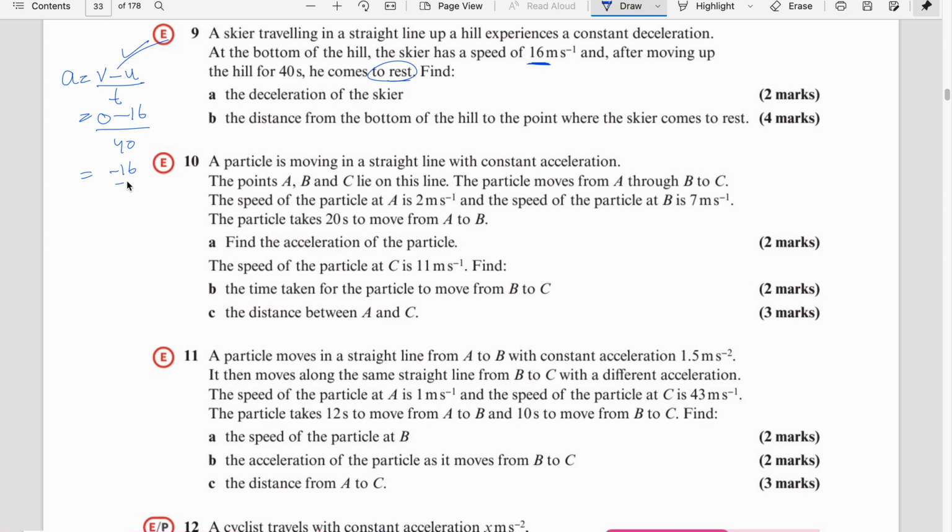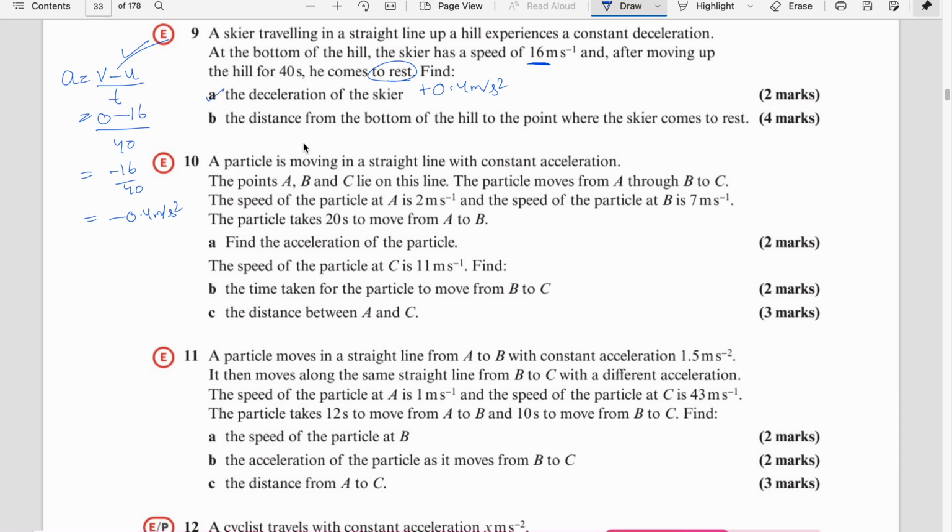So minus 16 by 40. Let me use my calculator. So 16 by 40 is 0.4. So if my acceleration is negative 0.4 meters per second squared, my deceleration should be positive 0.4 meters per second squared.